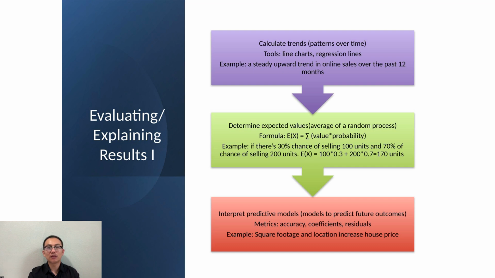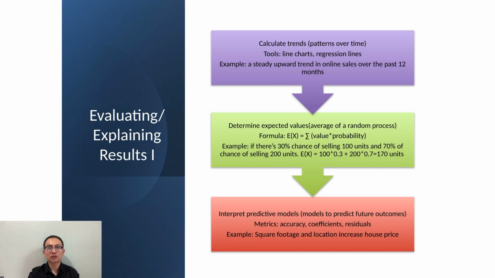This is the average outcome based on probabilities. It is calculated by the summation of the products between each possible value and the corresponding probability. For instance, if you have a 30% chance of selling 100 units and a 70% chance of selling 200 units, your expected value is 0.3 times 100 plus 0.7 times 200, and that is 170 units.